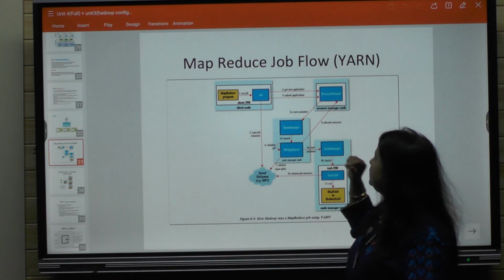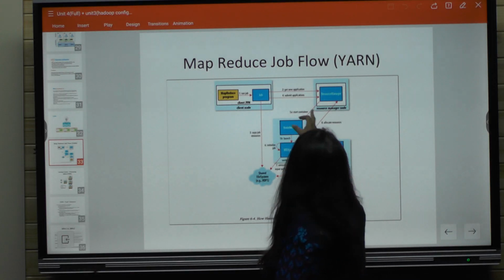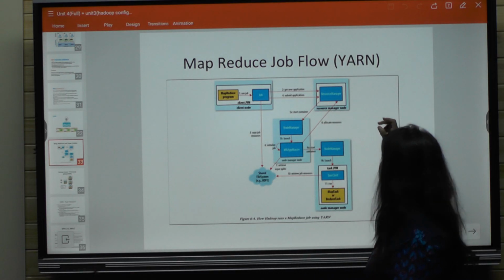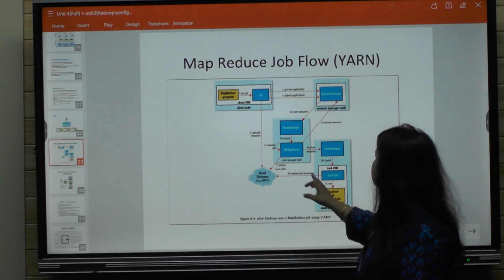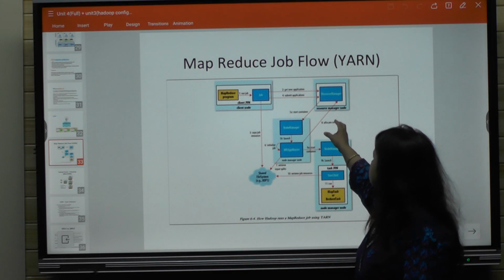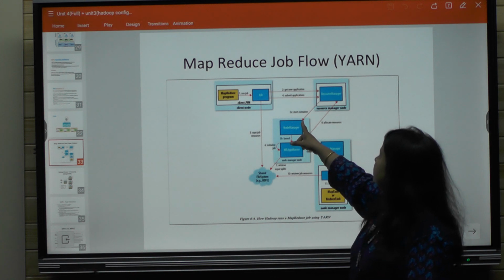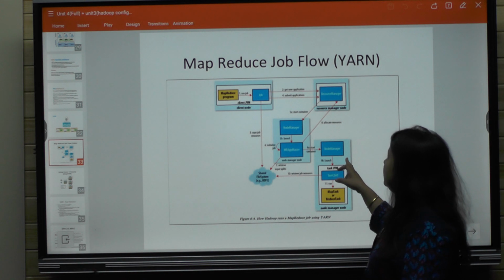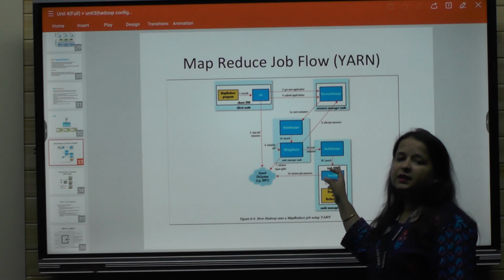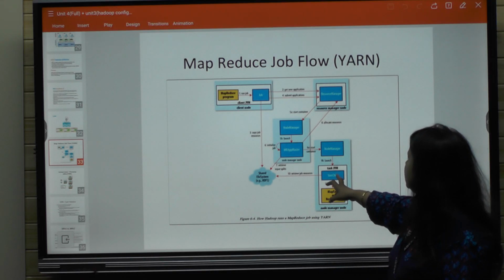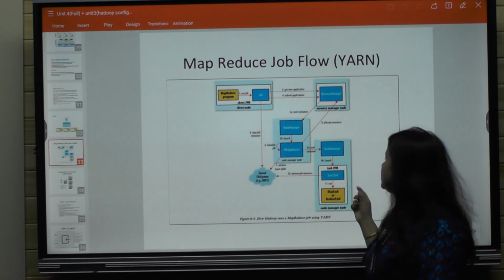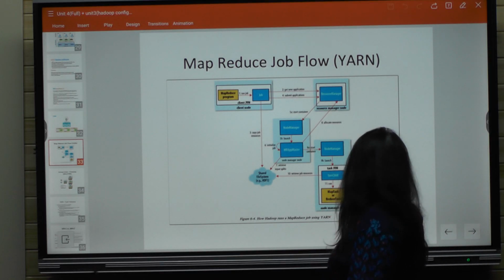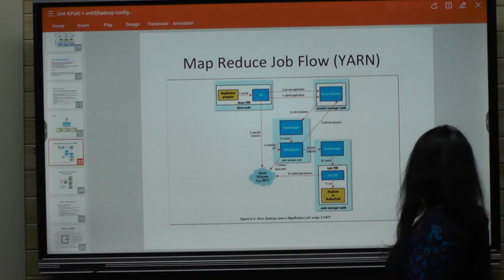But in MRv2, it is client node, resource manager node, then node manager node. Node manager nodes are two because first it will be used for starting the container, and the real work of task processing is done at the YARN child or task JVM, as it was done by child JVM in MRv1.